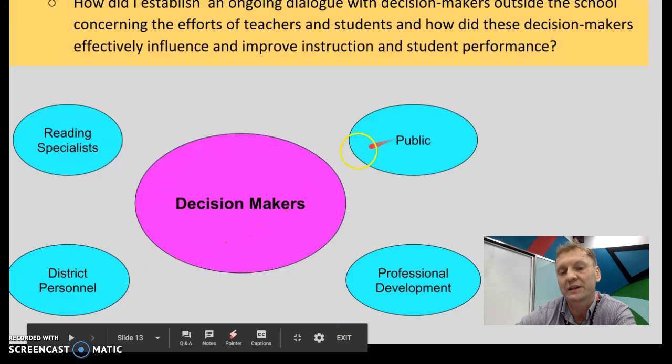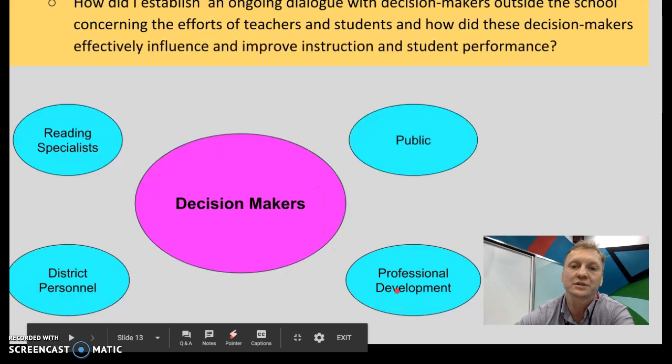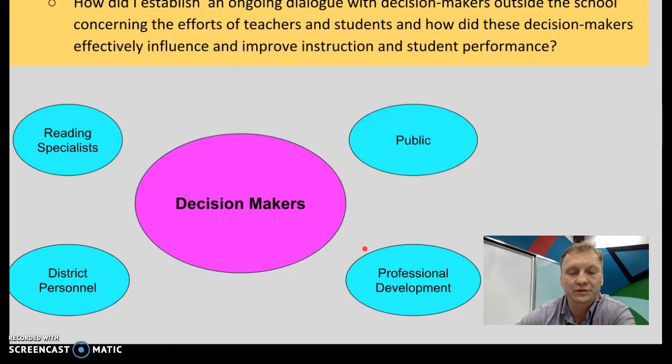The public, making them a part of the process, informing and communicating information, and professional development with our teachers. I think all of this ultimately revolves back to making our students feel that they are in an environment where we are trying our best efforts and putting our best resources forth on their behalf.